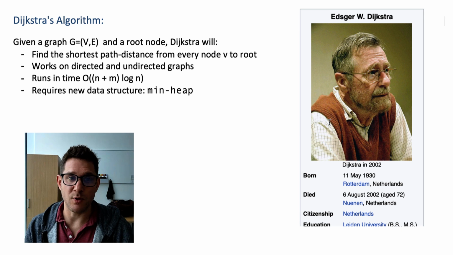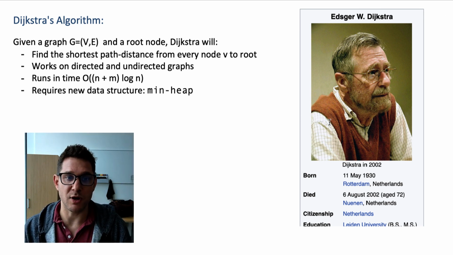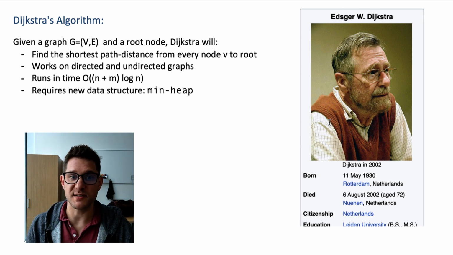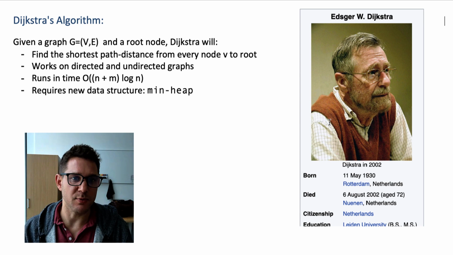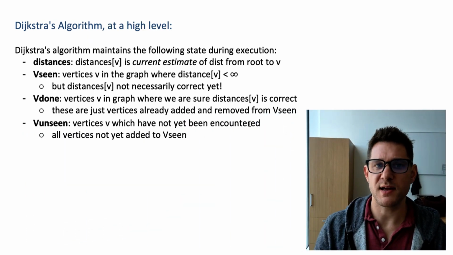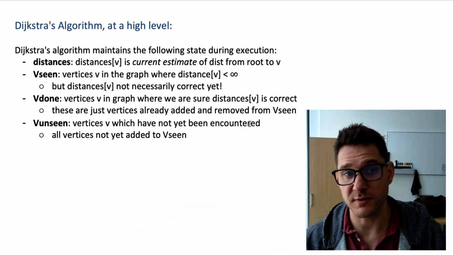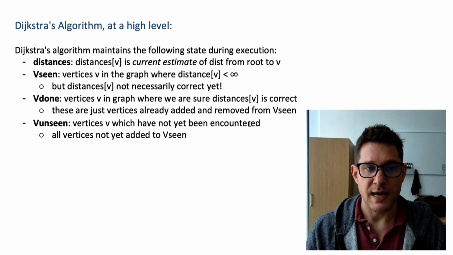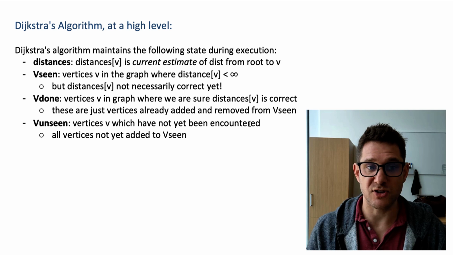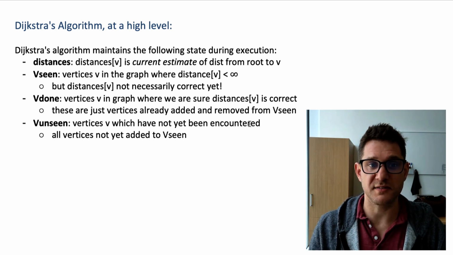It runs in time O of n plus m log n, where n is the number of vertices and m is the number of edges. And it requires this data structure that we're going to talk about called a min-heap. We'll get into that. At a very high level, Dijkstra's algorithm maintains a few different data structures. It maintains this dictionary or array called distances.